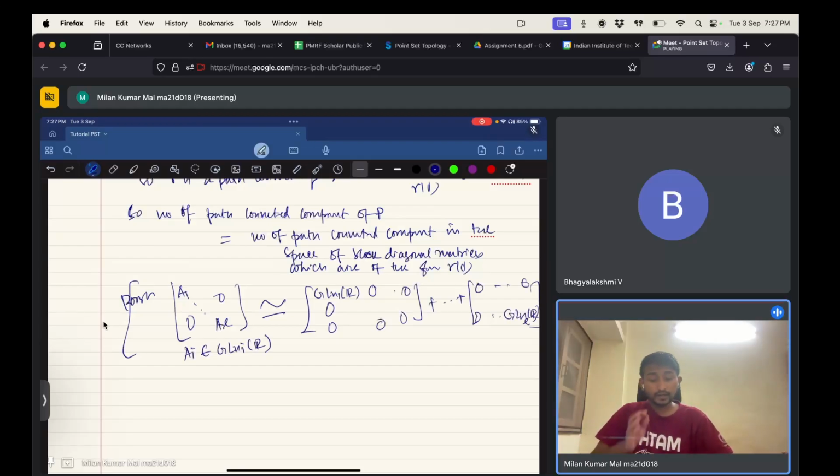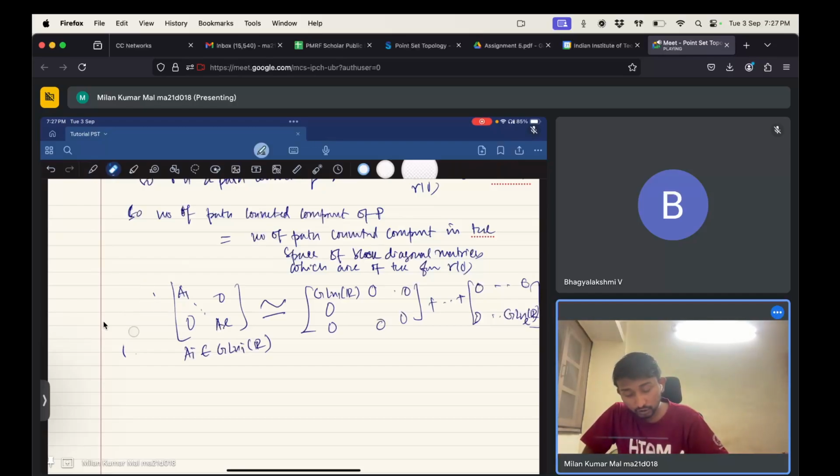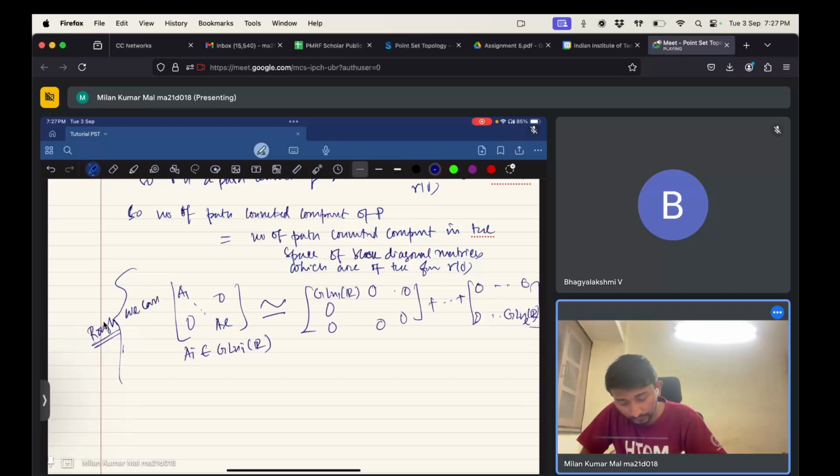This way I can write the block diagonal matrices, and we can visualize them this way.